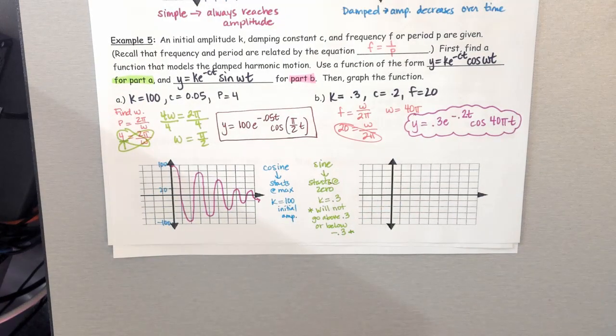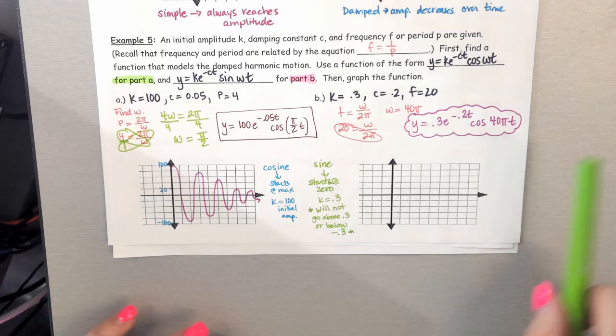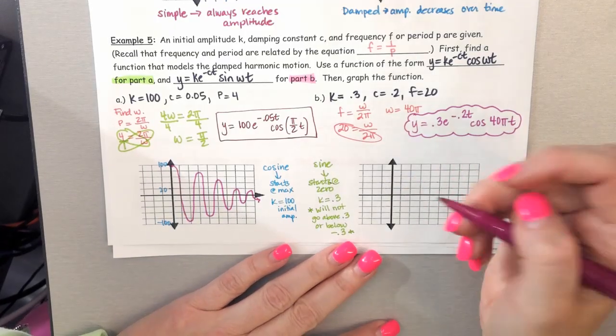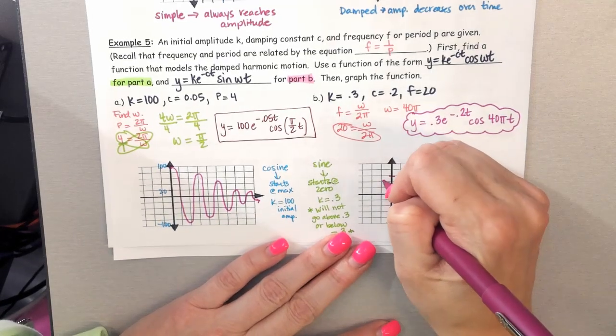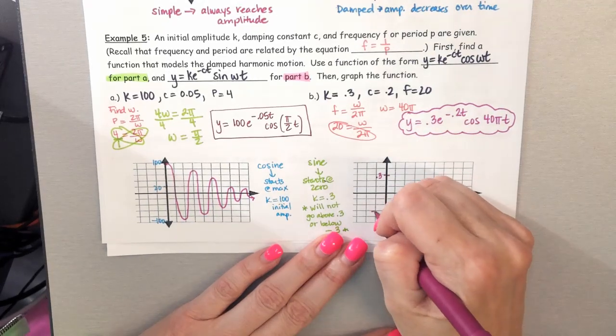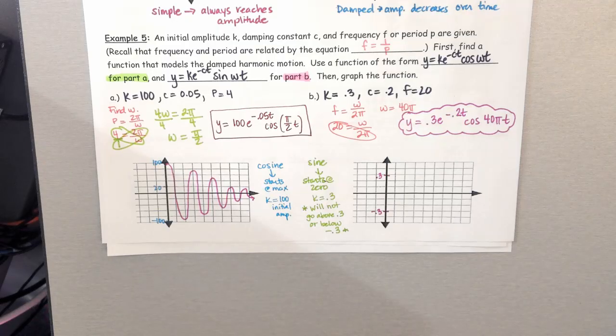Sometimes people just get too excited when they're doing the exaggeration. They start making big waves, okay? But you have to make sure that it's between that original amplitude. So if I have 0.3, I think a good scale would be to go by 0.1. So if you have 0.3 and negative 0.3, this is sine.